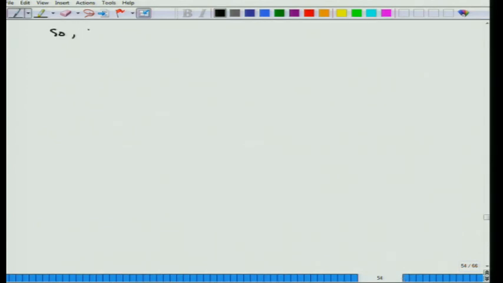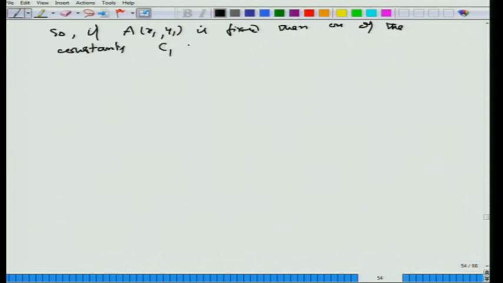So, if this (x1, y1) is fixed, then one of the constants C1, C2 is determined.